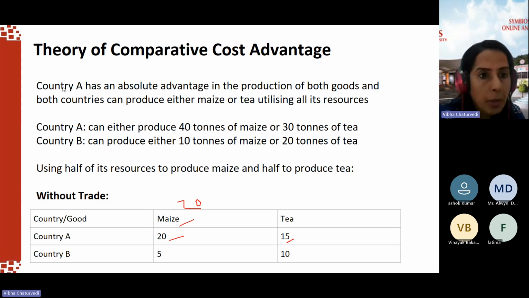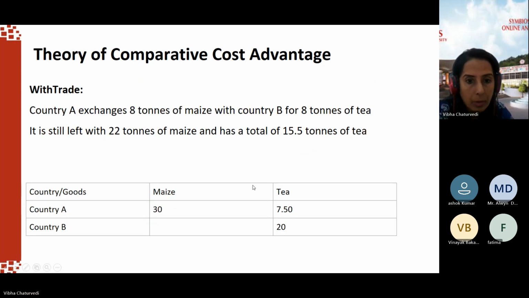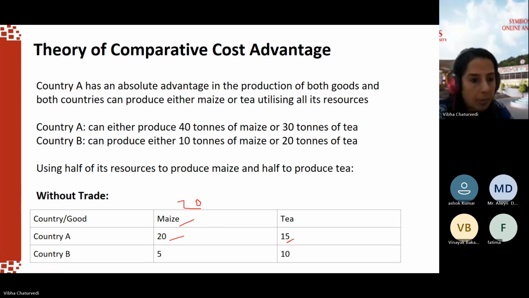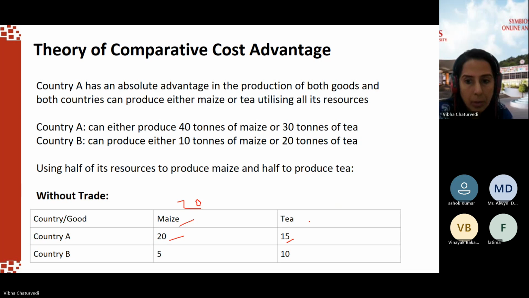All right, so 400 divided by 15, it takes 26.67 units of labor to produce each ton of tea. Pardon my writing. I don't have the pen.